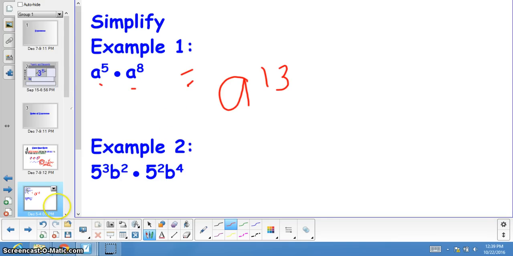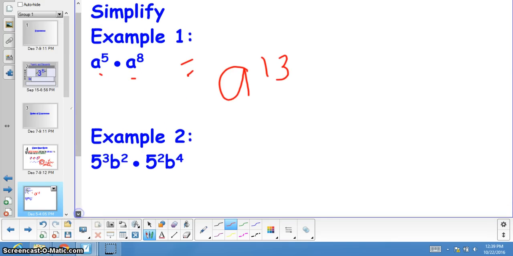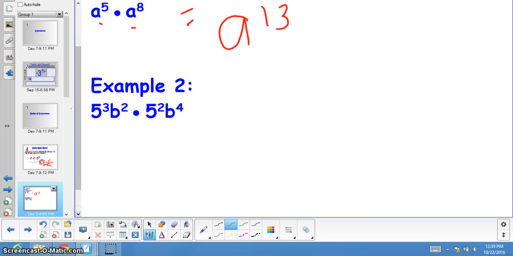Oh goodness, example 2 is looking a little tricky, but it's not. I notice that I have bases here that are the same and bases here that are the same. And it kind of puts me in the mind of combining like terms. So, same base, multiplication, add the exponents.